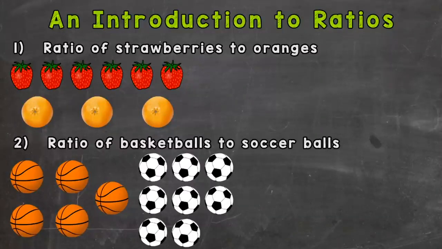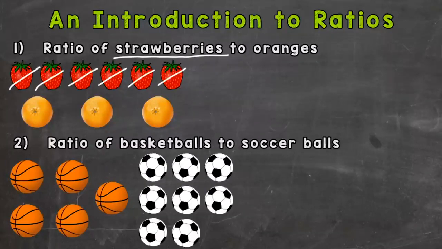So let's first start by counting the number of strawberries. 1, 2, 3, 4, 5, 6. So we have 6 strawberries to how many oranges? Well, 1, 2, 3. 6 to 3.